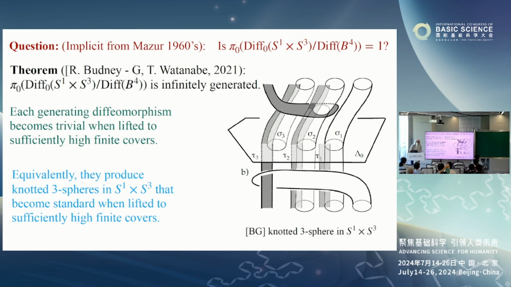So here's a picture of such a thing that I discovered. Here's a knotted 3-sphere. However, as I just said, it becomes isotopically standard if you lift to a sufficiently high finite cover.